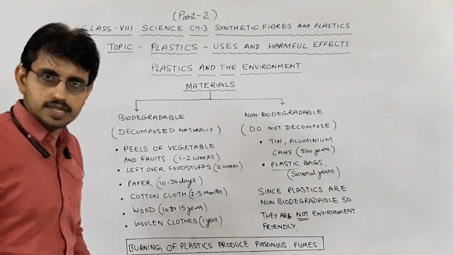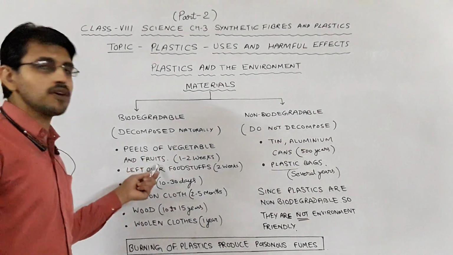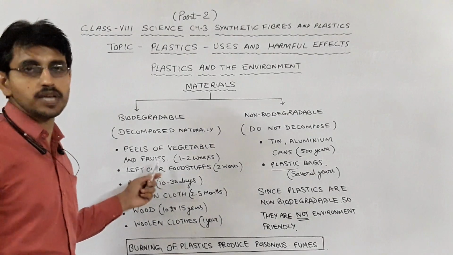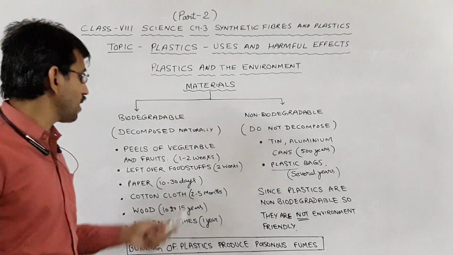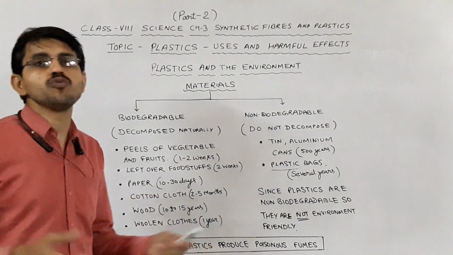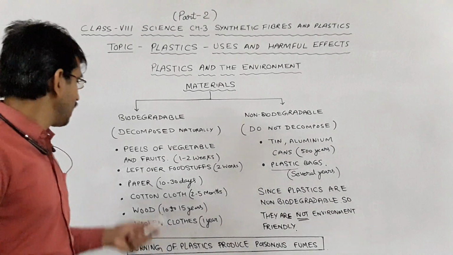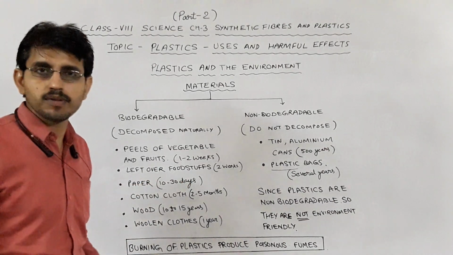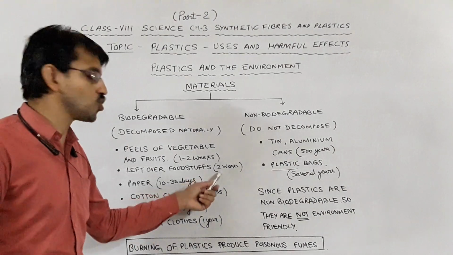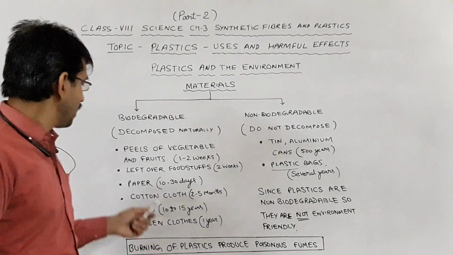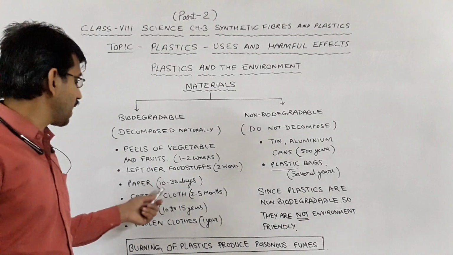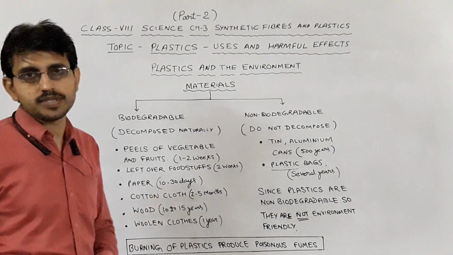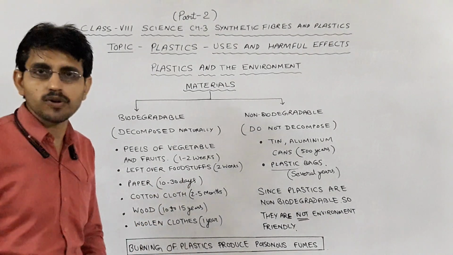Examples of these substances are peels of vegetables and fruits. Peels of vegetables and fruits can be decomposed in 1 or 2 weeks. Leftover foodstuff is a biodegradable substance which can be decomposed in 2 weeks. Paper gets decomposed in 10 to 30 days because paper is also of biological origin.